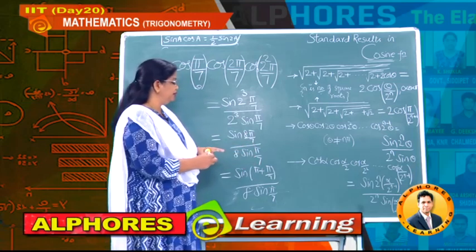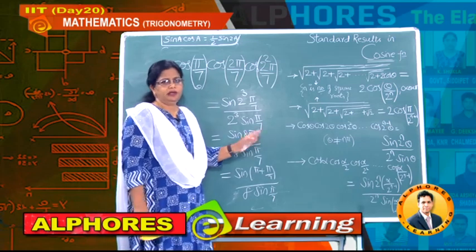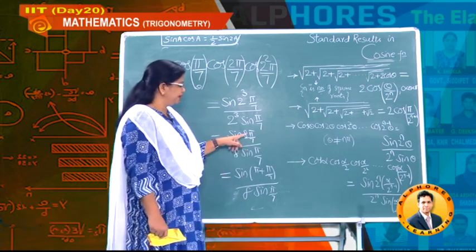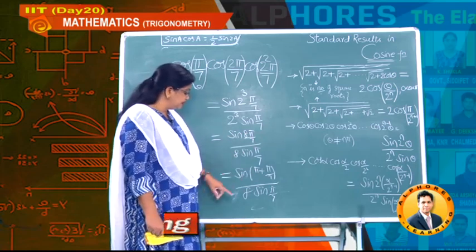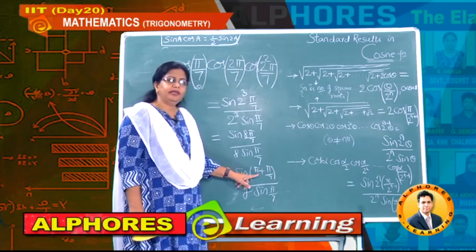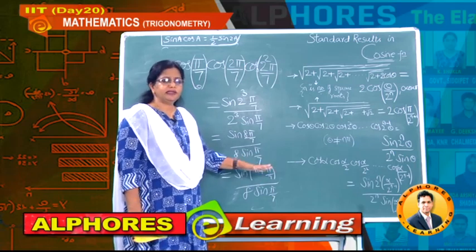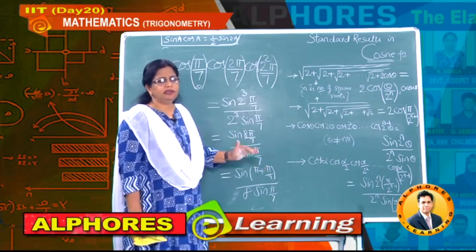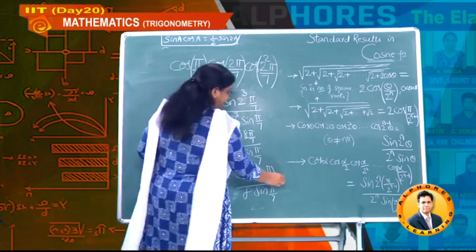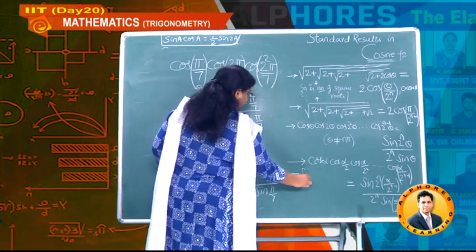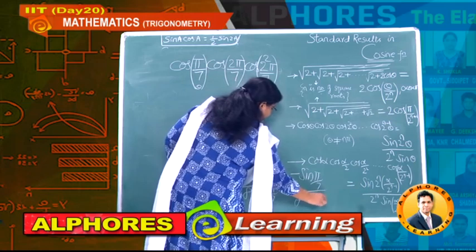Whenever you get more than acute angles, our intention is always to try to write in terms of acute angles. So we want to write this 8 pi by 7 in terms of pi by 7. Now students, observe sine of 180 plus theta. What is sine 180 plus theta? Minus sine theta, because it belongs to the third quadrant. Therefore it is finally equal to minus sine pi by 7 divided by 8 times sine pi by 7.